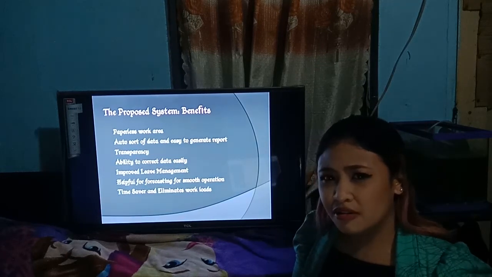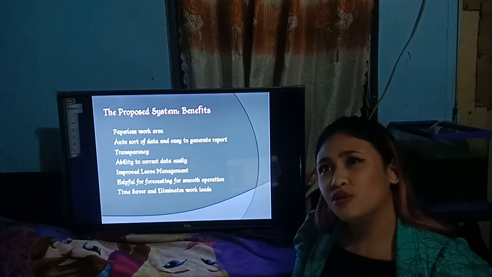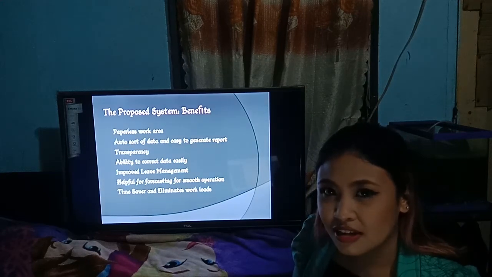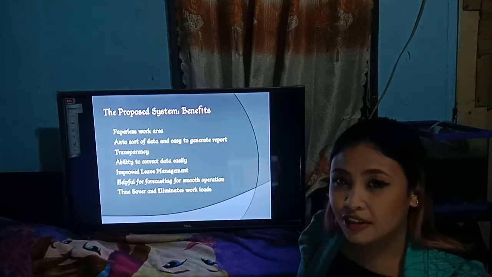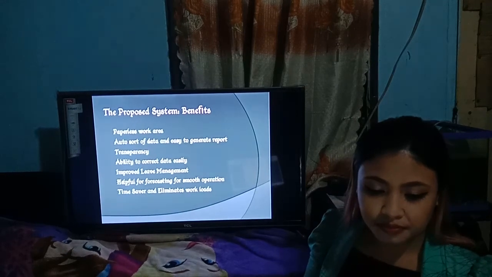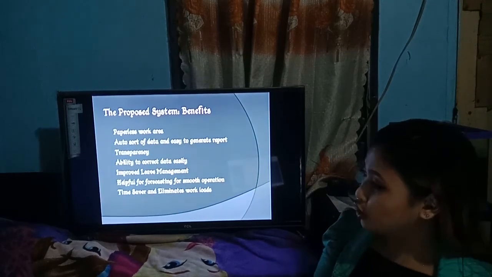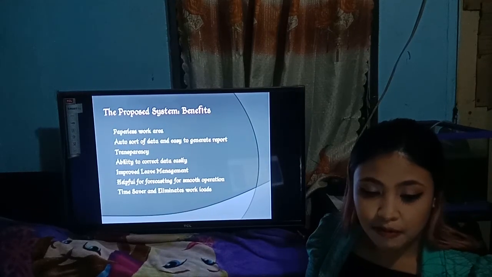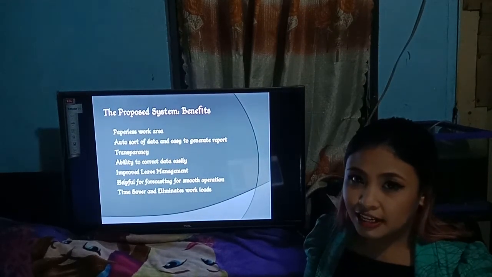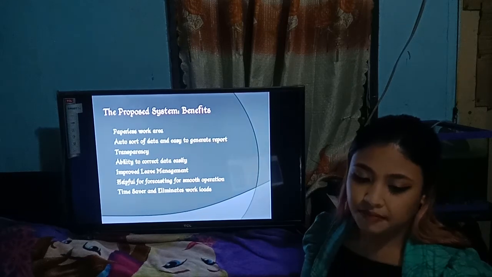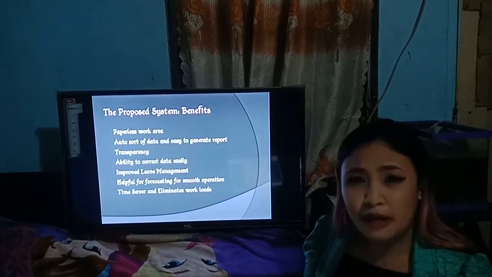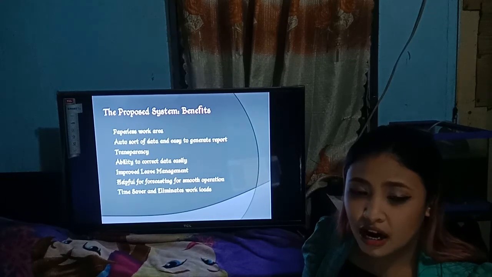When you say transparency, the employee can access their time logs, their payroll, and their leave calendar. And number 4, it has the ability to correct data easily because it's done electronically and directly through the system.